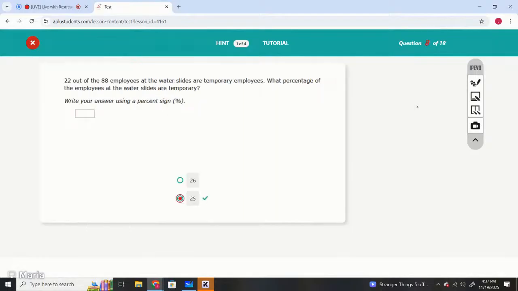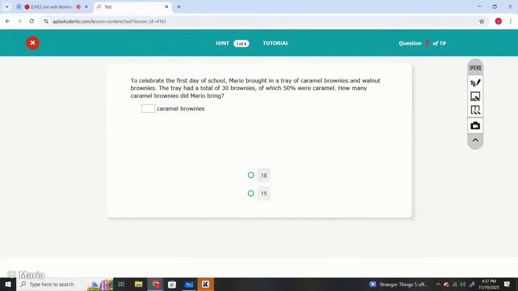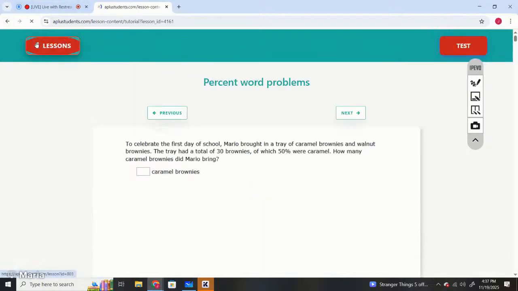Okay, you can complete the lesson by yourself later today. So we were working on grade 9 math. The chapter we were working on is percents.